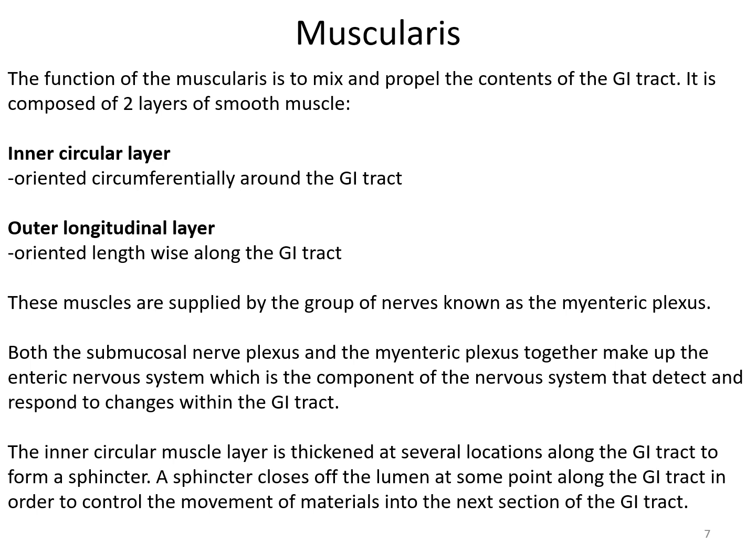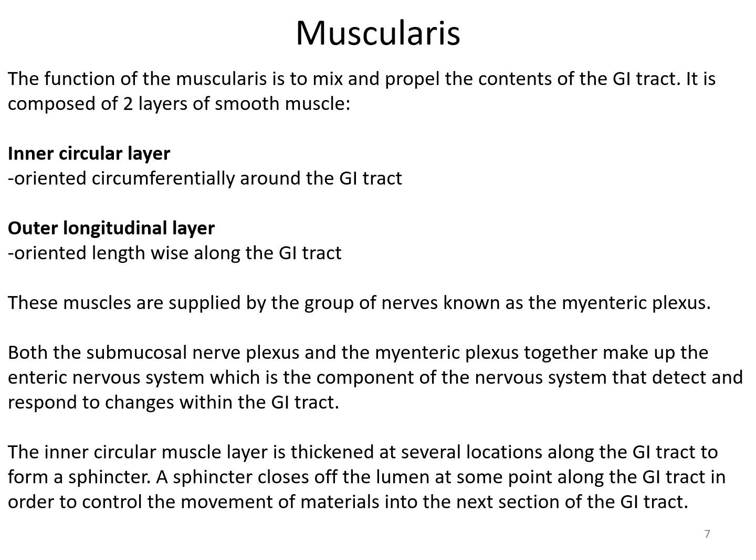These muscles are supplied by a group of nerves known as the myenteric plexus. The submucosal nerve plexus, together with the myenteric plexus, make up what's called the enteric nervous system. That is basically the nervous system of the GI tract.